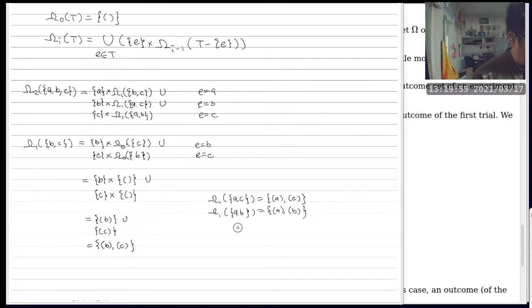So it's time to plug all the omega 1s back into here. Let me erase this because it's not really useful at this point.